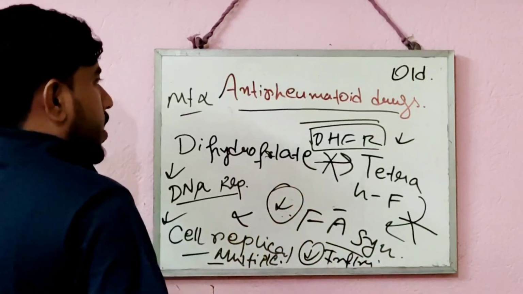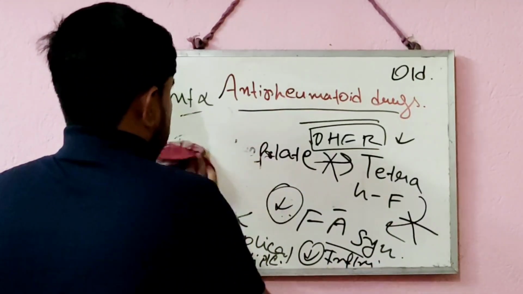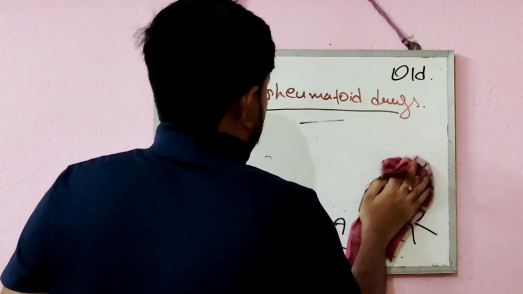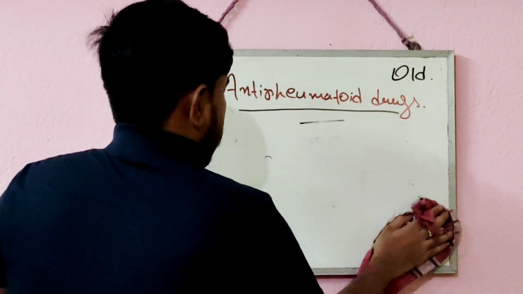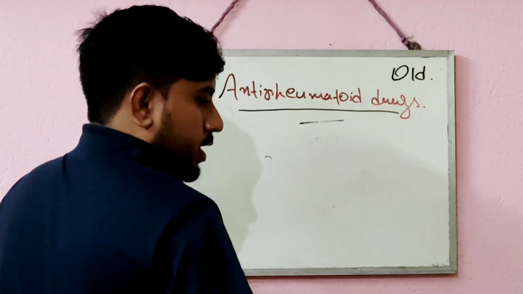So by that, methotrexate shows its action by inhibiting dihydrofolate reductase and thereby inhibiting cell synthesis and DNA replication.